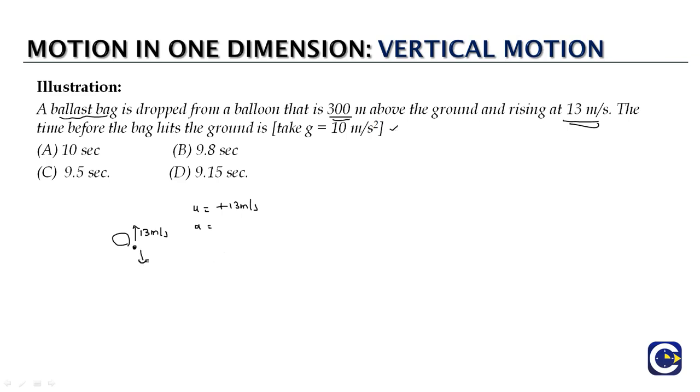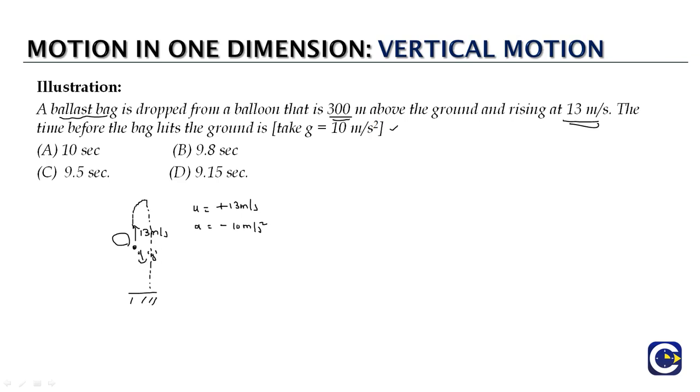Since this will be moving under the influence of gravity, g will be downwards. So as per our sign convention, anything downwards we take as negative. So acceleration of this ballast bag once it is released from the balloon is going to be minus 10 meters per second square, and the ballast bag will rise because its initial velocity is upwards, and it will eventually fall back to the ground.